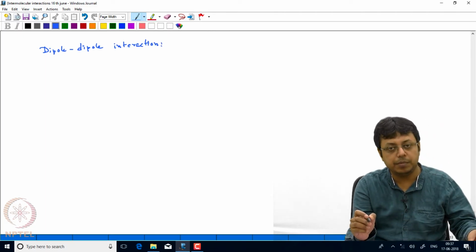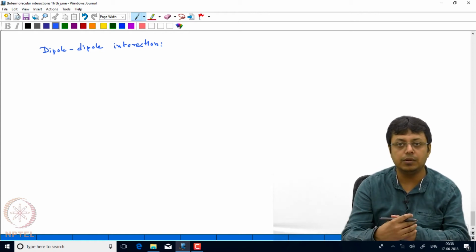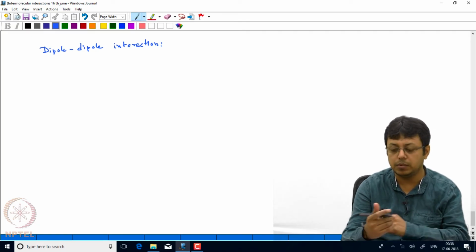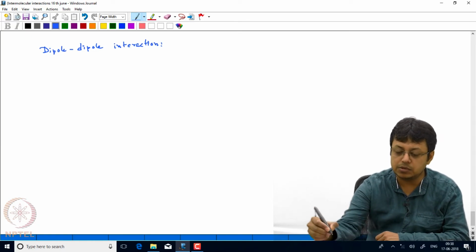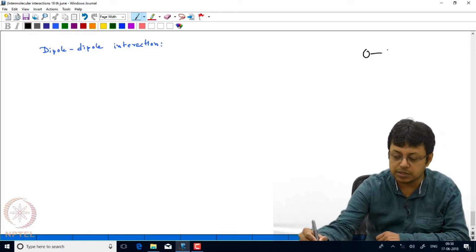Now, before we go to that, you remember that we often talk about something like a point dipole. Now, what is a point dipole? Point dipole means, suppose I have a dipole which is something like this, which has a dimension like this.